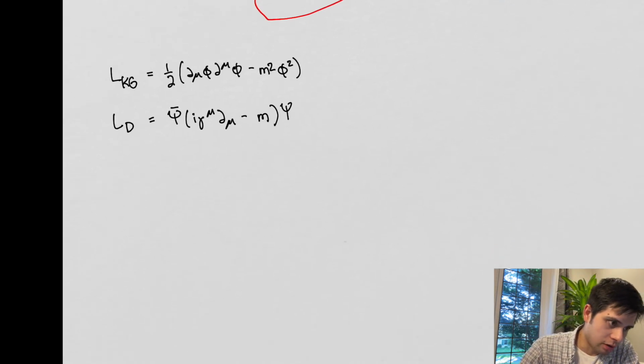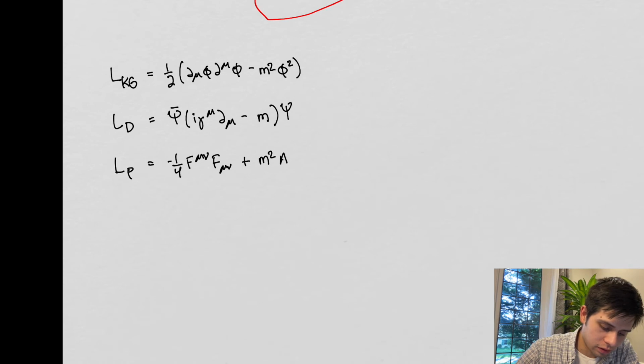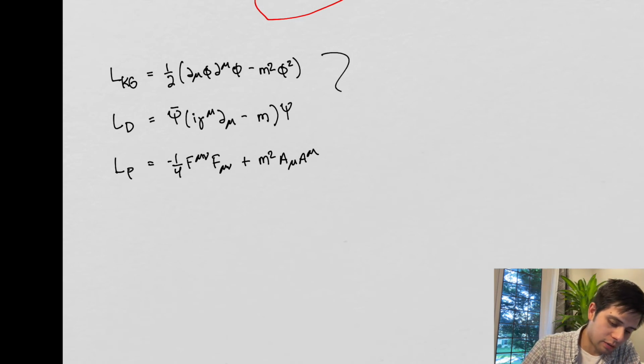And for our Proca Lagrangian, the Proca Lagrangian looked like this, F mu nu plus m squared a mu. So these are our big boy Lagrangians.